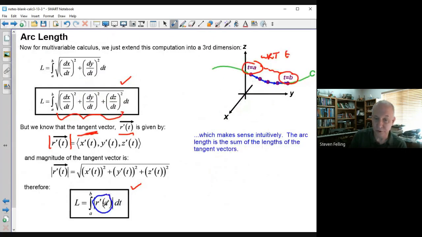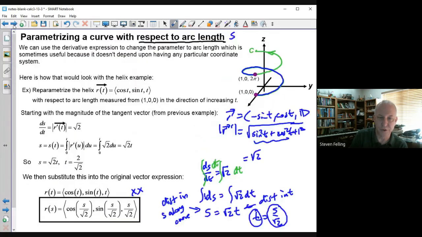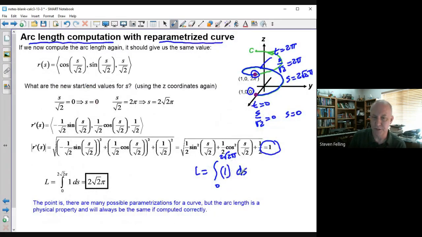We have to use it when we're integrating with respect to t, but when we're integrating with respect to arc length, we just get to integrate 1. So it's just going to be 1, and that would be the variable s from 0 to 2 square root of 2 pi, and we end up getting the same 2 square root of 2 pi that we got before.